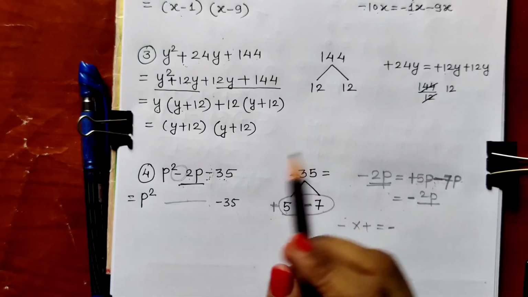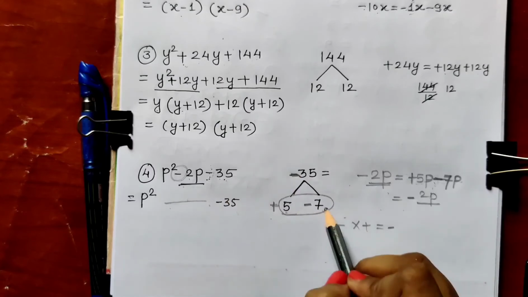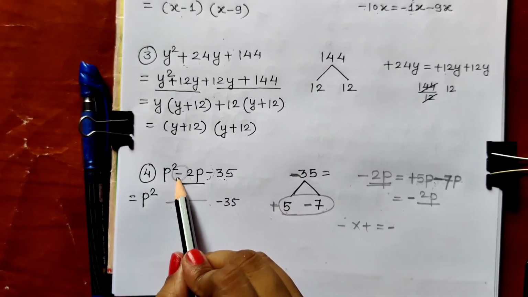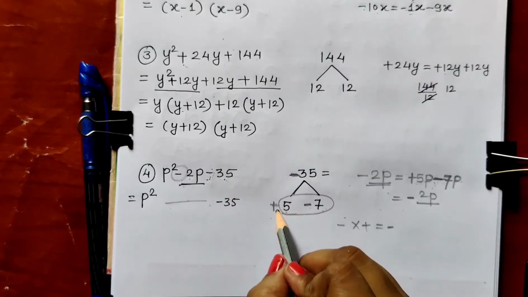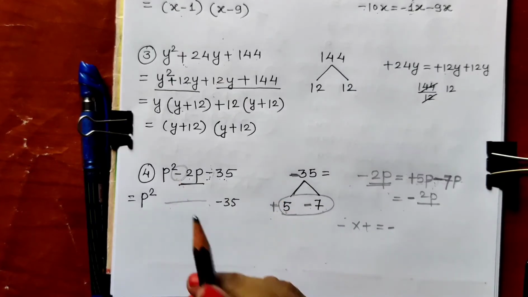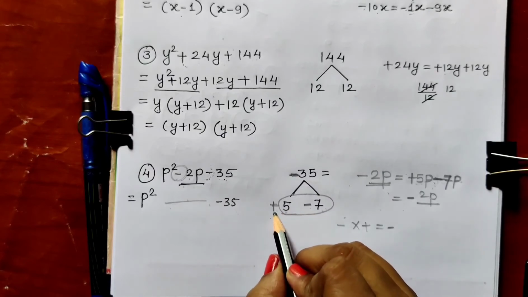So while expressing this middle term into two terms, you have to check the signs properly. If the middle term has a minus sign, the bigger number should get the minus sign, and the smaller number should get the plus sign. If the middle term has a plus sign, then the bigger number should have the plus sign, and the smaller number should have the minus sign.